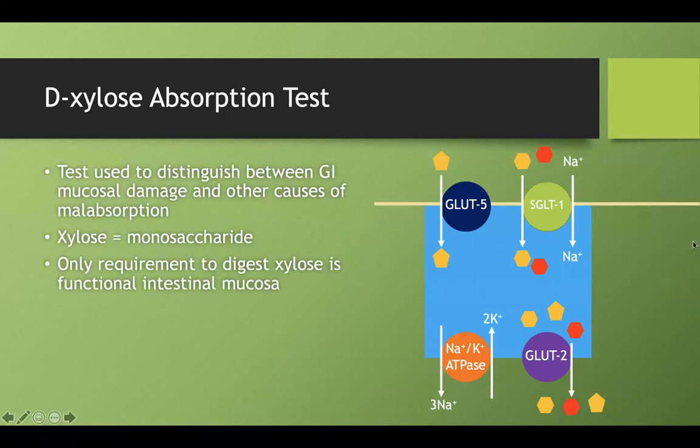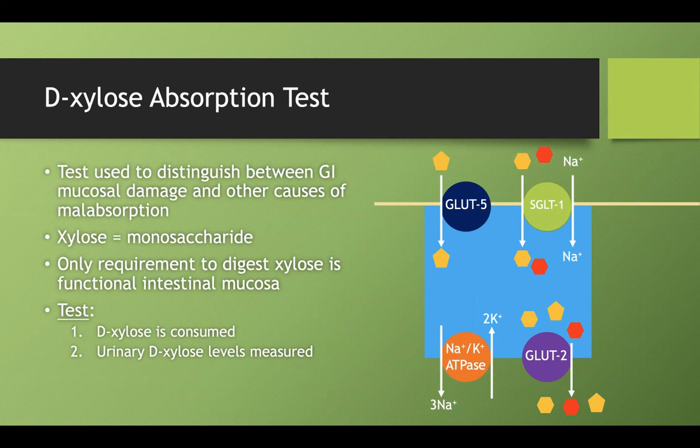So how this test works is that you consume D-Xylose, and then you measure urinary xylose levels. Remember, I don't know if you watched the gastric lecture when I talked about the Schilling test. It's the same concept where you consume something orally and you measure it in the urine.